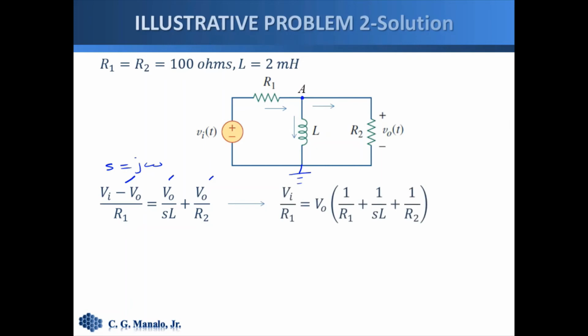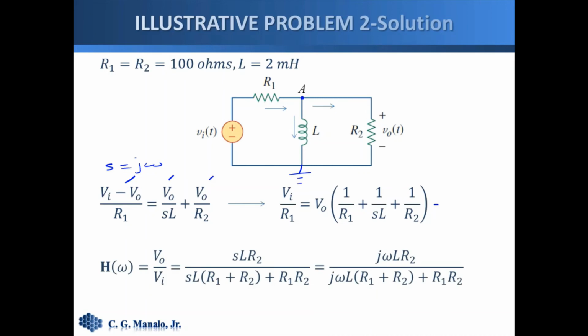We can transform that equation into this one. So from here we can get the ratio, and that should give us this ratio here, which when simplified will give us this compact answer.